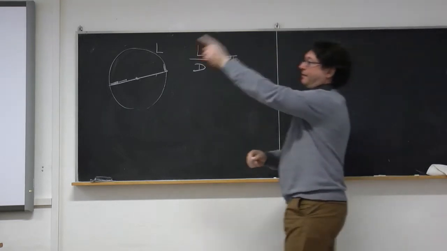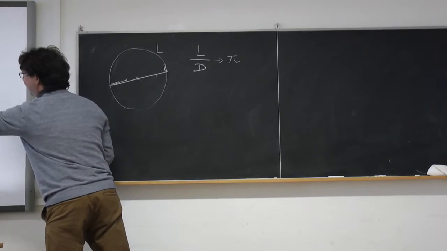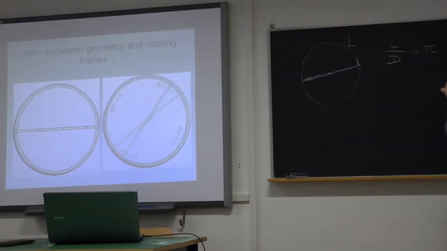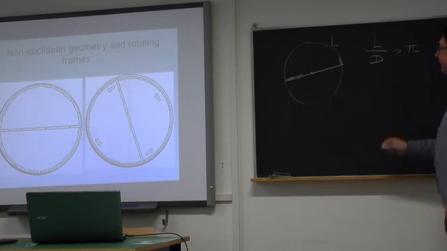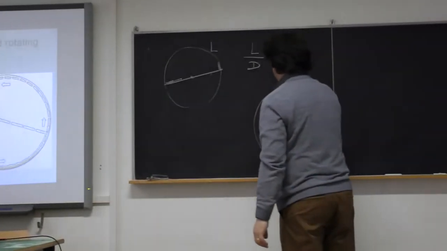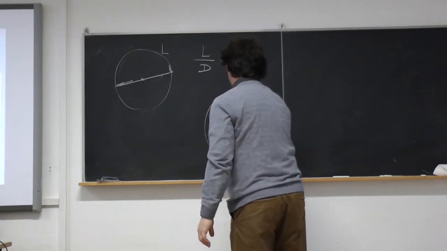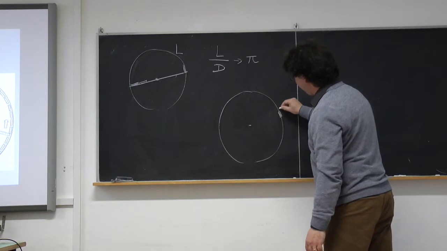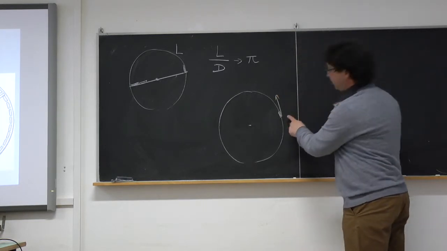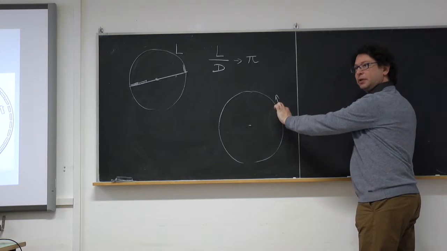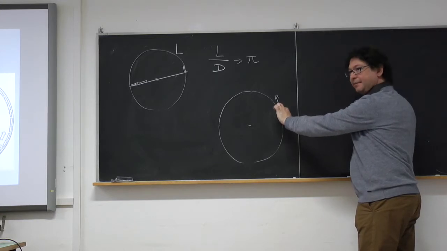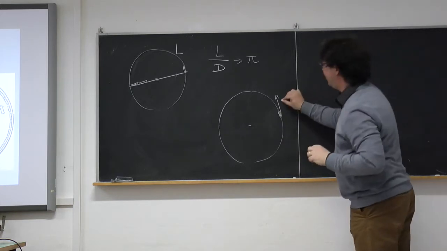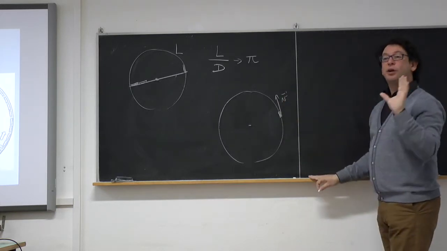Now, imagine that you have a frame which is rotating. And here Einstein tells again: if the frame would be rotating, every elementary unit meter rule, unit of length, must be affected by the length contraction.